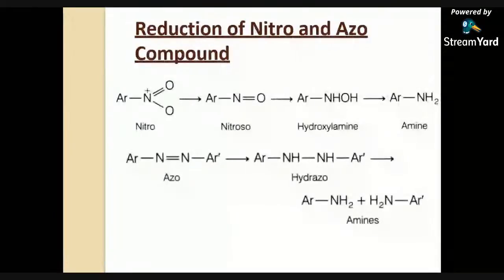Then it will give the final product as an amine. In the case of azo groups, it will give the hydrazo. Reduction of one nitrogen group, and then the final product it will give the amines.